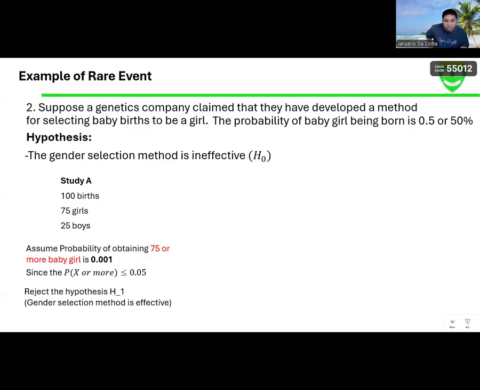The probability is 0.001. You multiply 0.5 times 0.5 times 0.5, 75 times, or 0.5 to the power of 75. That's the probability of getting that.